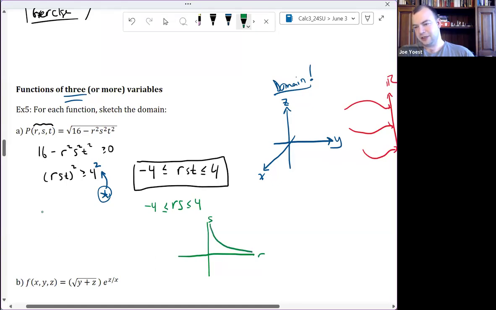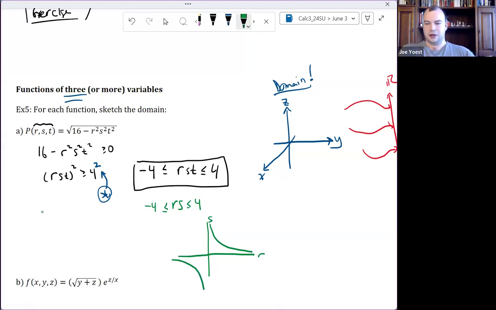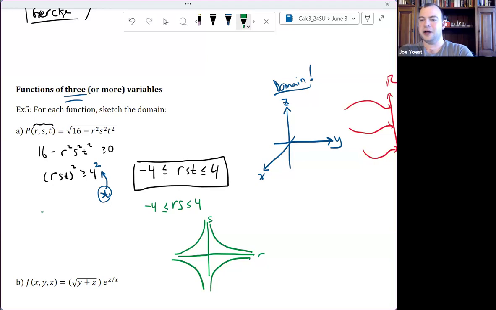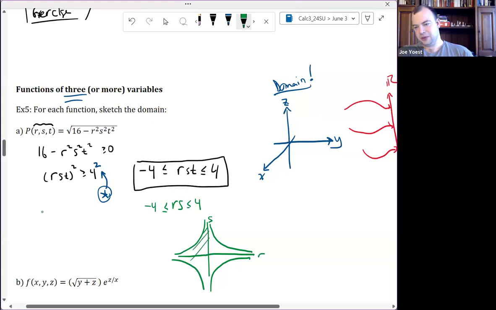That's just this kind of a deal. And then we just have the inverse, RS bigger than -4. This looks kind of like S equals 4 over R, or more or less like S equals 1 over R. And a point like 0, 0 I see would be in the domain. So I'm looking at points that are within this star shape.